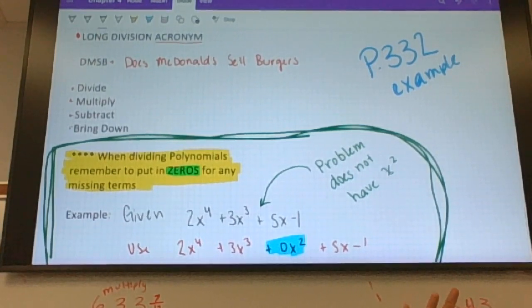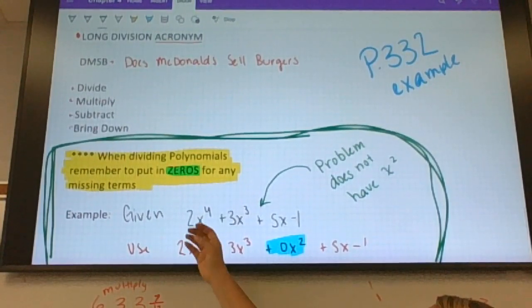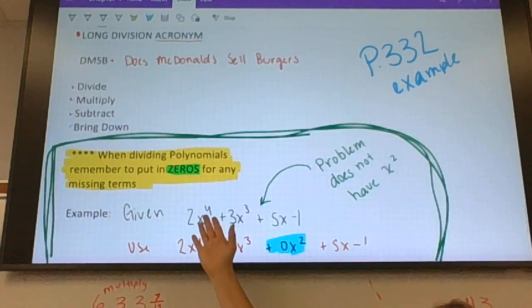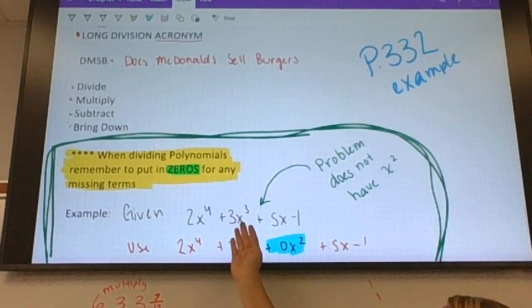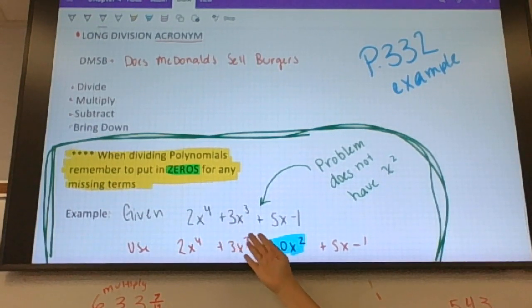If a number doesn't have a digit, there's a 0 there, right? Like we could say this is 763, but there are 0 tens in this number. When it comes to polynomials, they can start with a 4th degree polynomial, and then it goes to a 3rd degree polynomial.